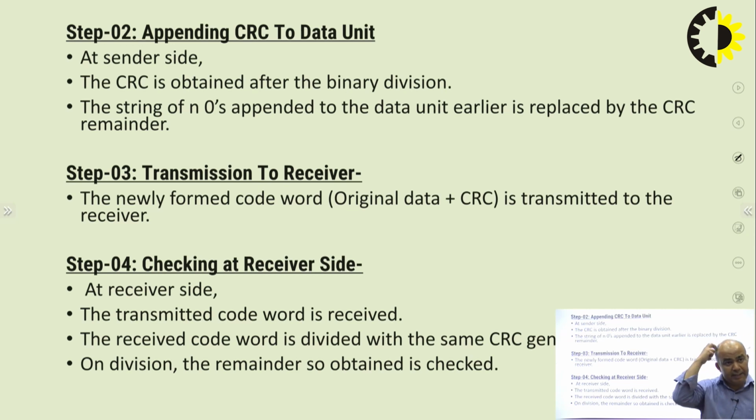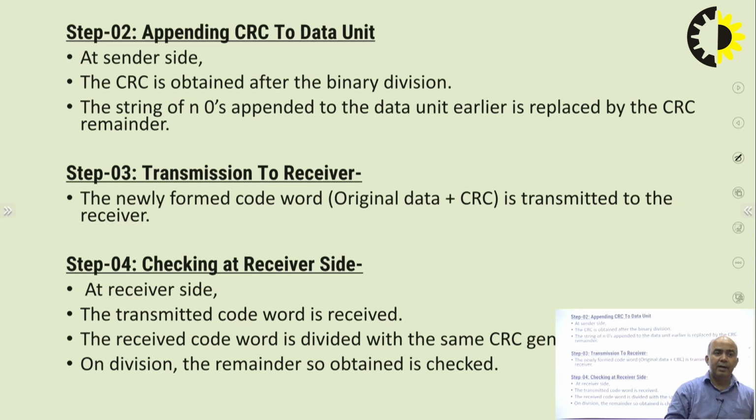At the receiver end, the transmitted code word is received. The same method is applied here again, with the same code word, to identify whether there is an error or not.